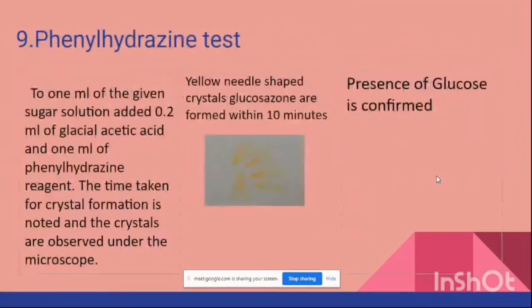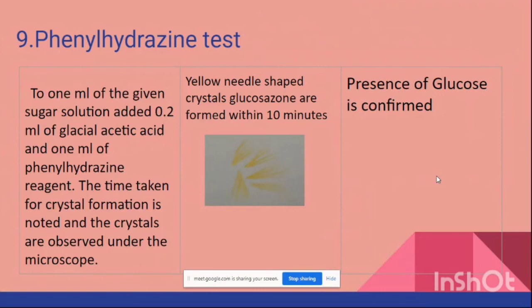How to perform this experiment: to 1 ml of the given sugar solution, add 0.2 ml of glacial acetic acid and 1 ml of phenylhydrazine reagent, and the time taken for the crystal formation is noted, and the crystals are observed under the microscope. Yellow needle-shaped crystals, which are called glucosazone, are formed within 10 minutes. That confirms the presence of glucose.